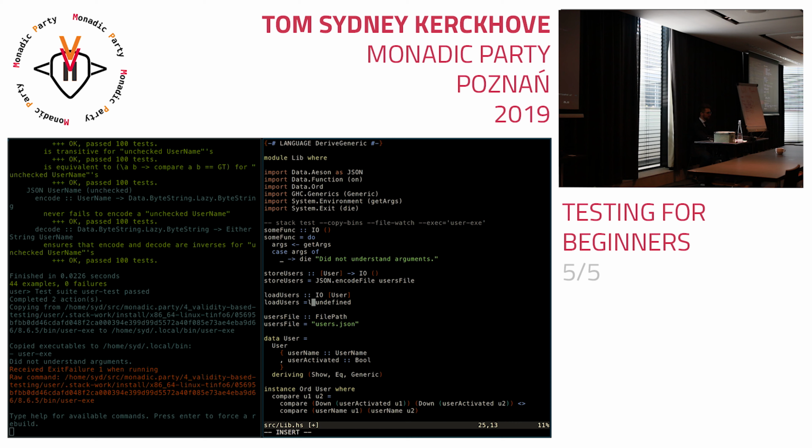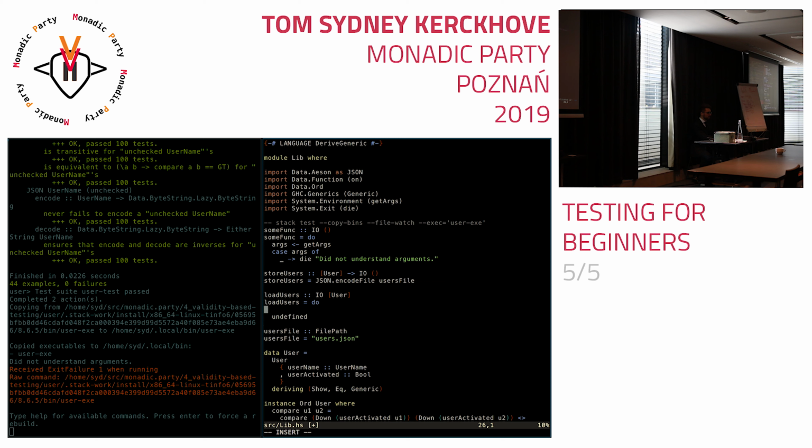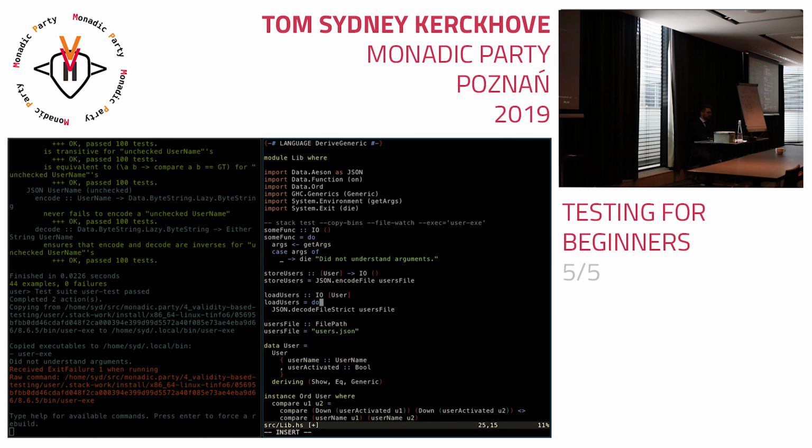So the next thing we will want to do is JSON.decodeFileStrict users file. And this will decode the users file from JSON to whatever type that we pull out of it. So the compiler will figure out which type it will need based on the return type that you're going to use here, which is going to be list of users.